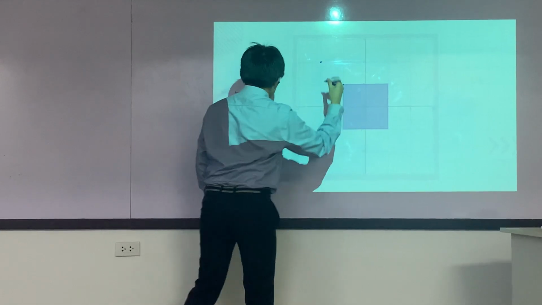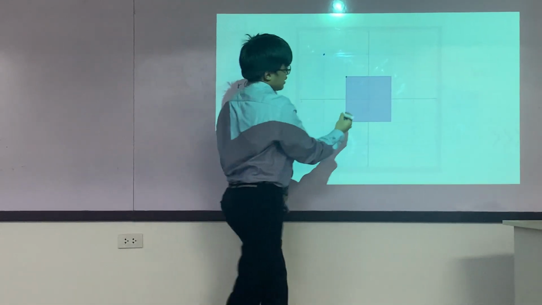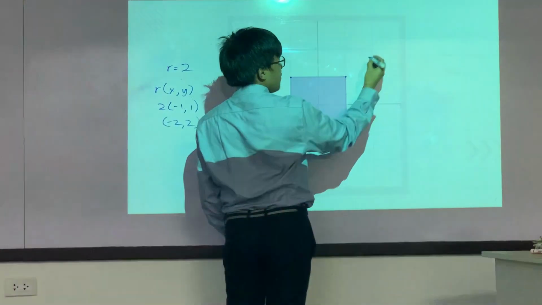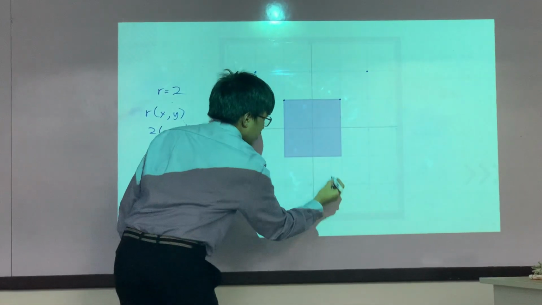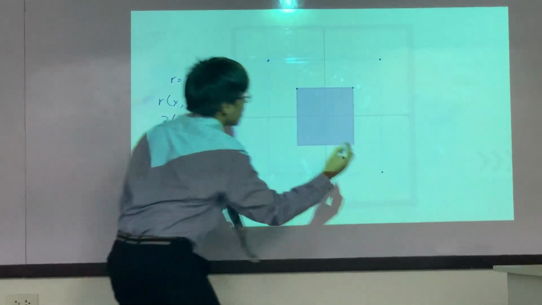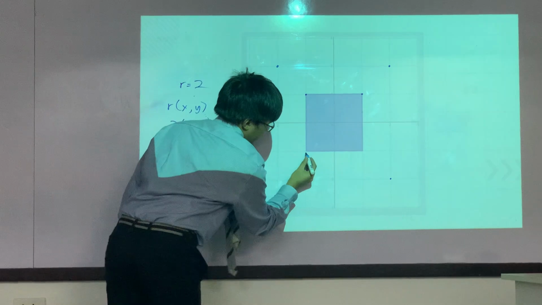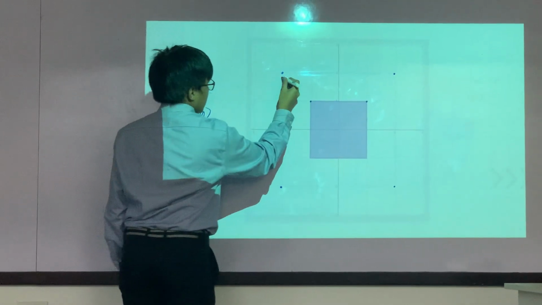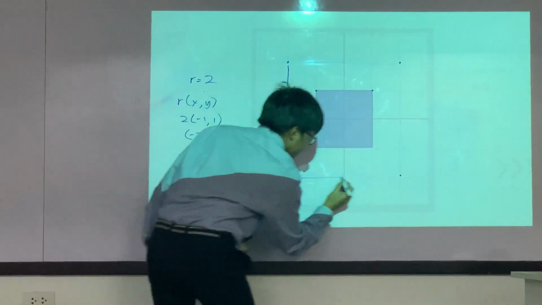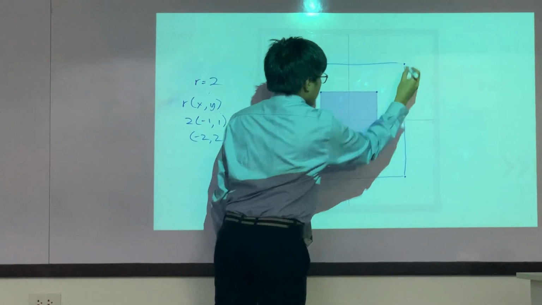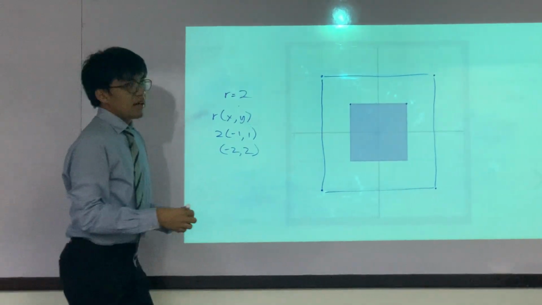We plot the point and do this everywhere else. This point is 1, 1. We get 2, 2. This is 1 and -1. This is -1 and -1, which is this point. That is how you enlarge a shape.